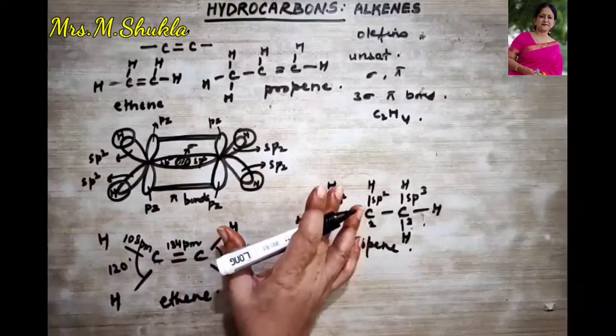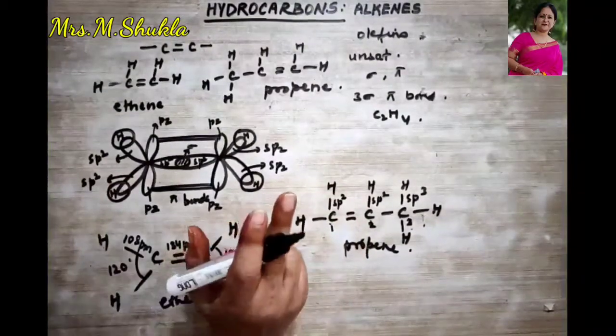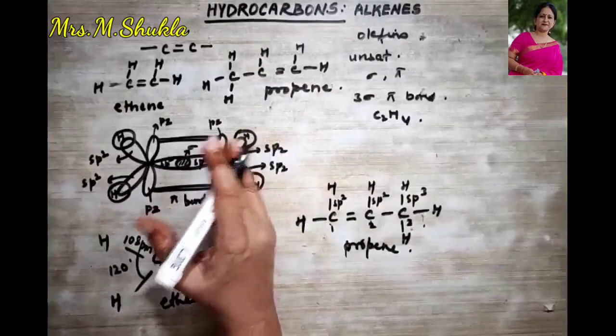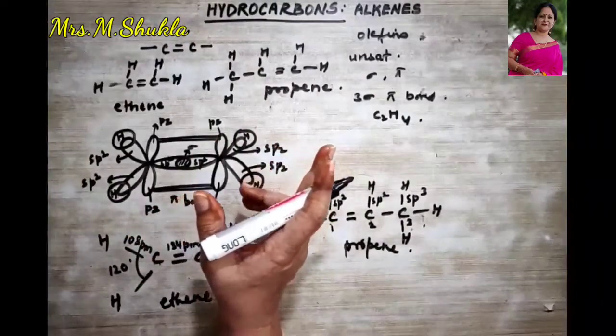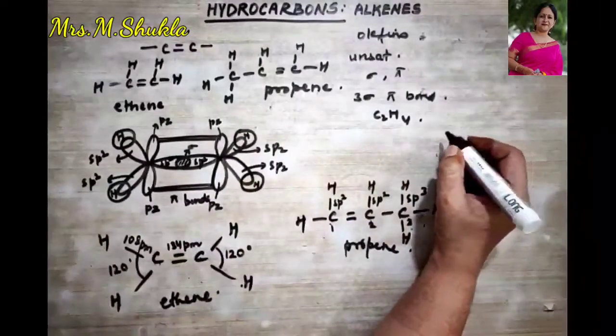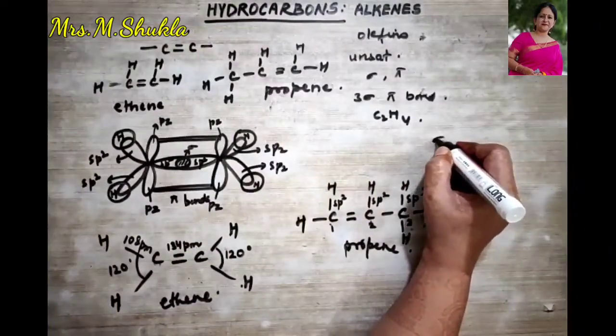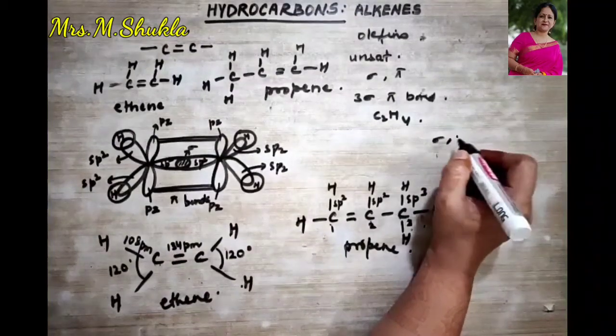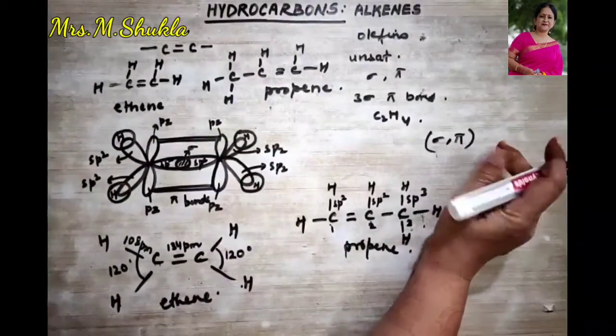Then the pi bond is always weaker than the sigma bond, but the double bond as a whole is stronger than the sigma bond alone. By double bond, what do I mean? I mean the sigma bond and the pi bond together.